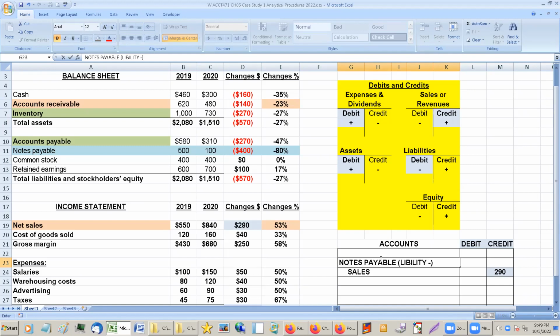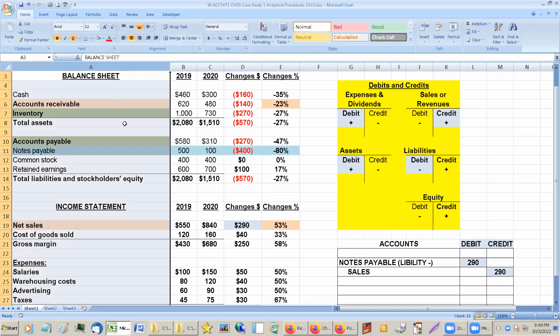The liability decreasing. So this would be an excellent starting point for a couple of reasons.